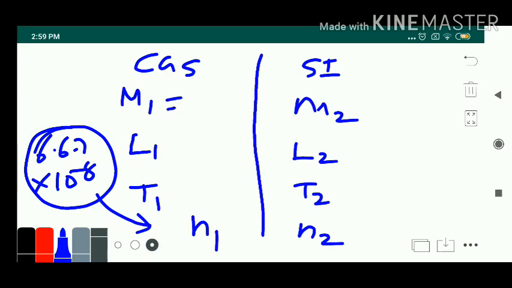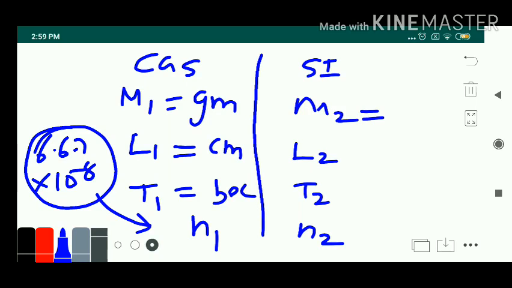Now M1, the mass given in CGS system, is in grams, length is in centimeter and time is in seconds. Similarly, in SI, mass will be in kilogram, length in meter, and time in second. Just chart it out.